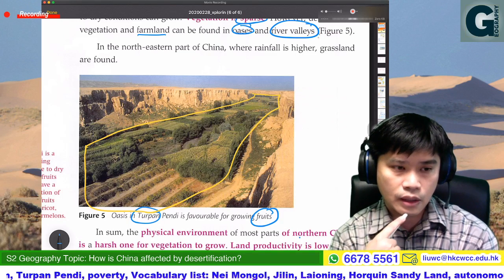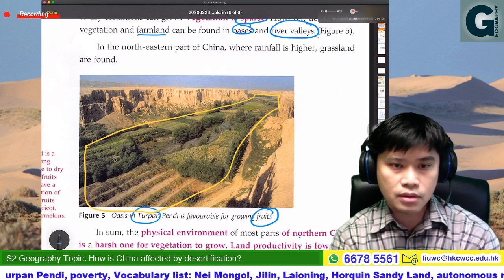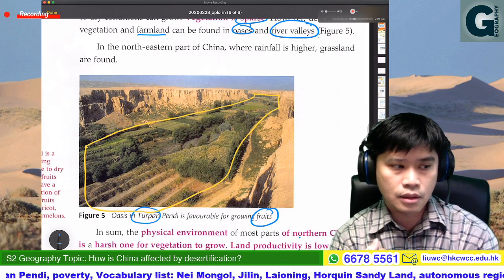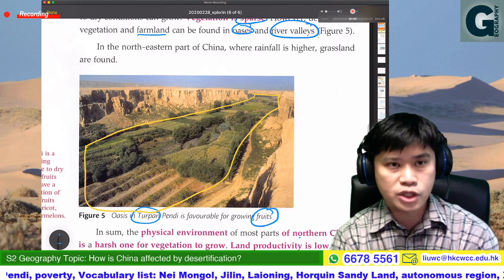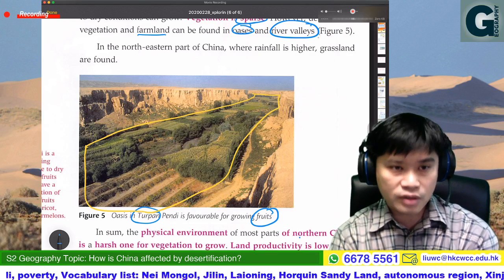Another example, a very famous fruit in the northwestern part of China, would be the watermelon.